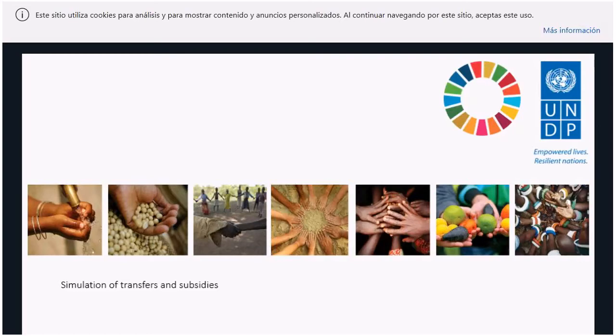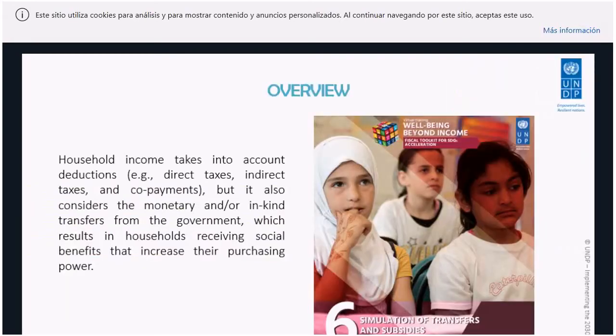Okay, so transfers and subsidies. If the taxation part was quite complex, if we can say that, as you know, technically, the microsimulation and how to add and subtract the different concepts is not that difficult, right?